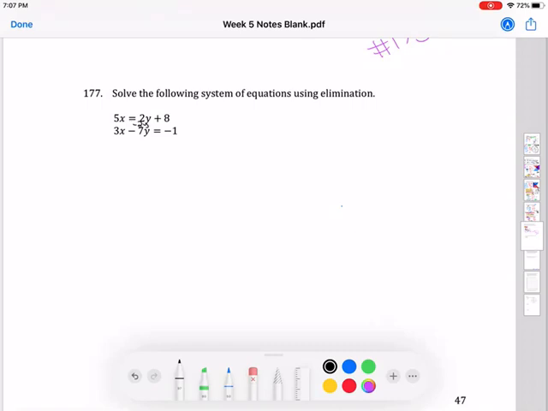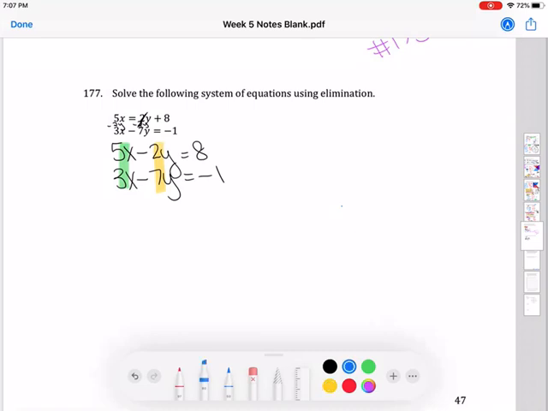So to do that, what I'm going to do is subtract the 2y over to the left side. So watch what happens when I do that. My first equation becomes 5x minus 2y equals 8 because these cancel. And then when I bring down my second equation, they're lined up now. So notice the difference.